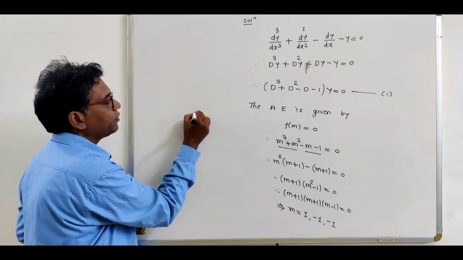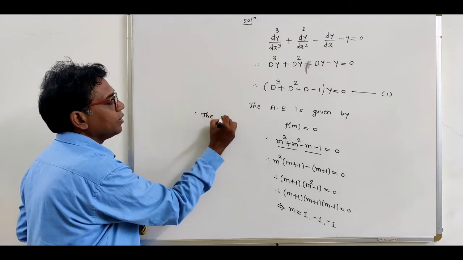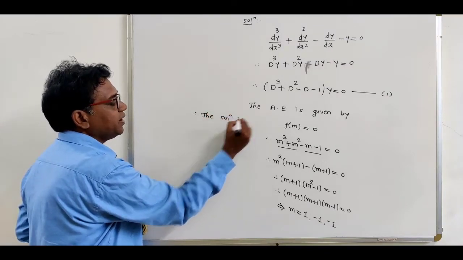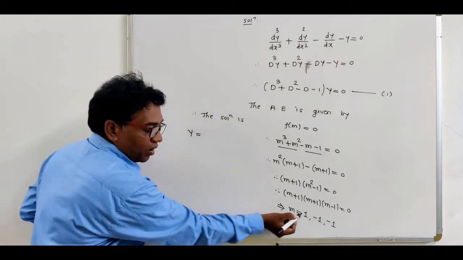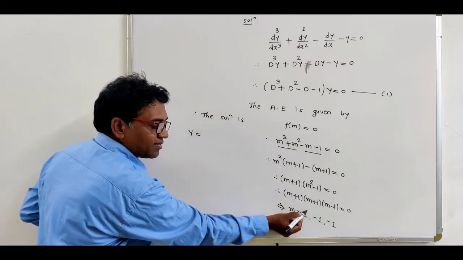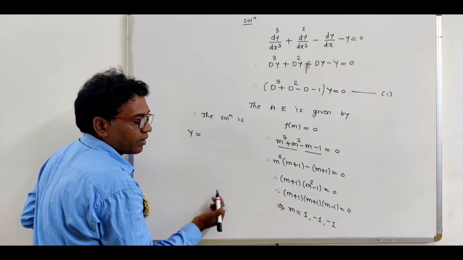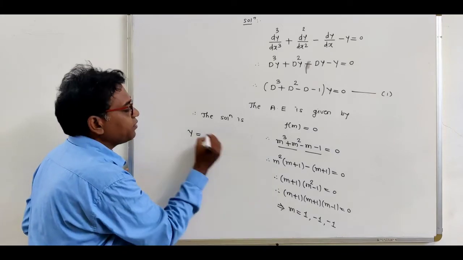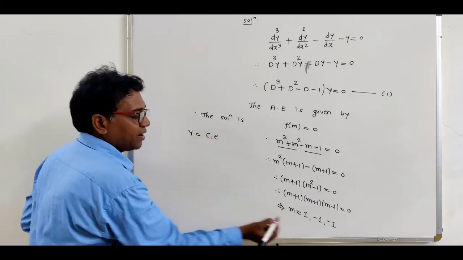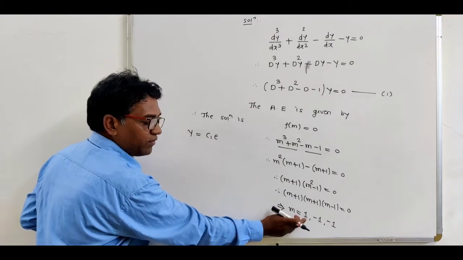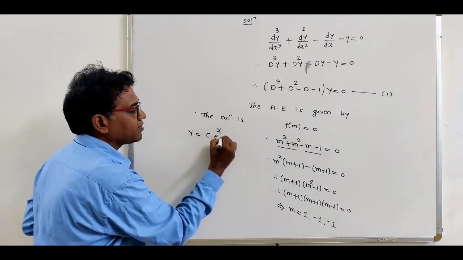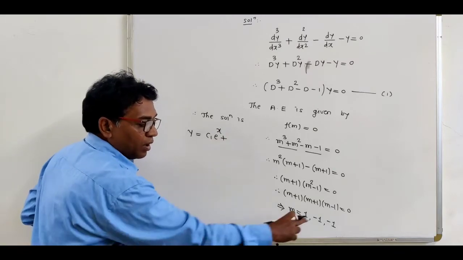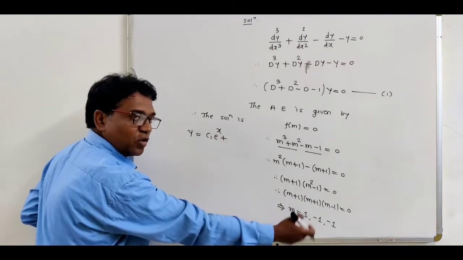So write down, therefore, the solution is y is equal to, now this is the distinct root, that is the separate real root. This formula is given by c1 e raised to m1x. So put the value m1 equal to 1. So this is c1 e raised to x plus, now this is the repetition of the root.